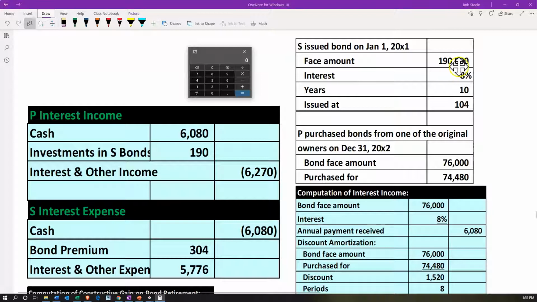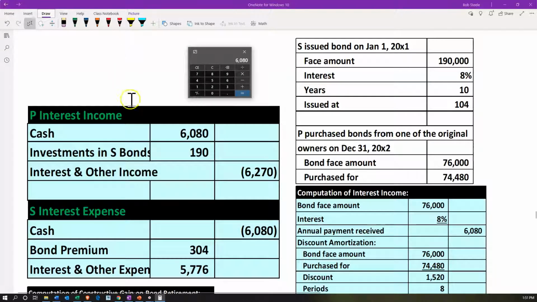We're not going to take the 190,000 times the, well, we're talking about P's side. P's the person that's going to be receiving the money. And on S's side, again, we're not talking about the 190,000. We're concentrating on the 76,000. So on P, they have the bond, so they're going to get 76,000 as their portion times the 0.08.